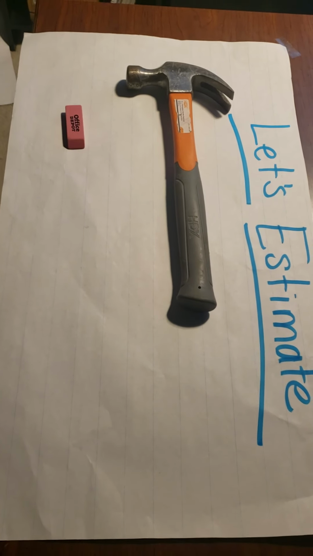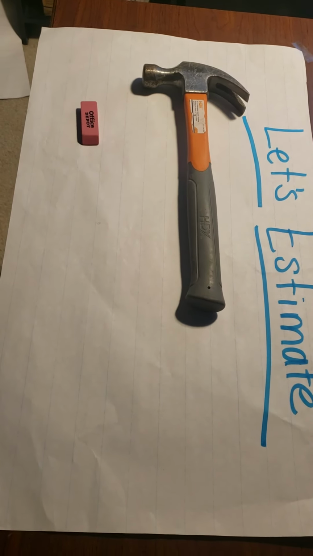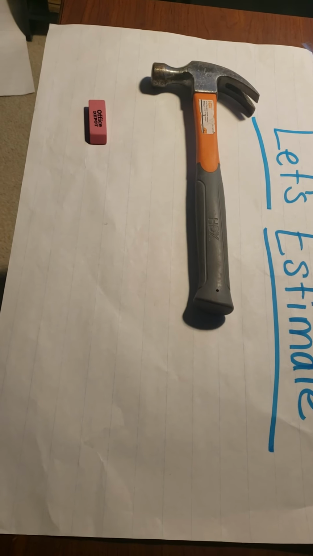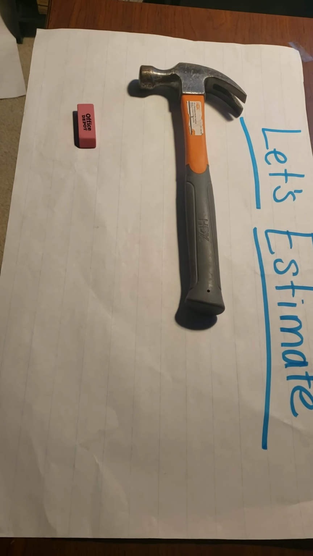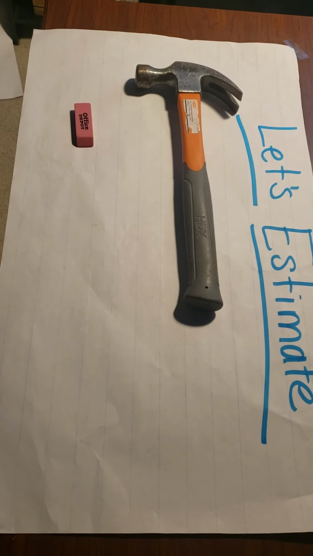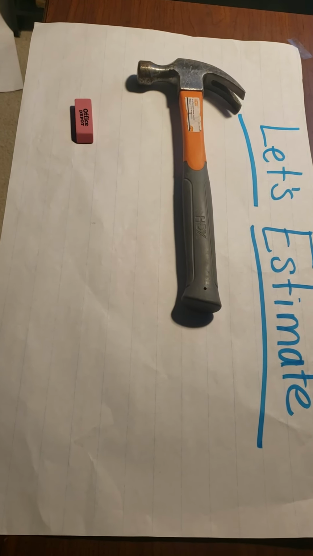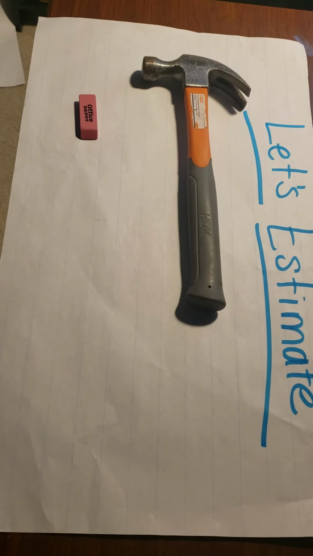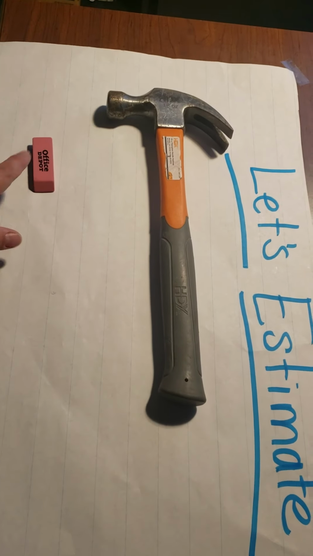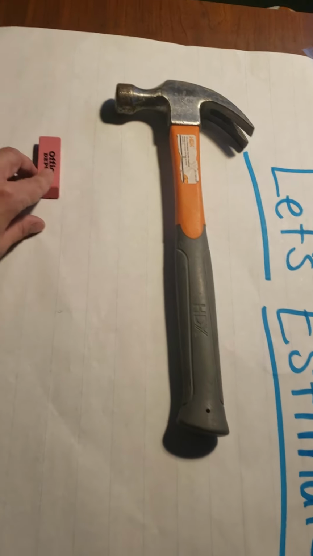So now, boys and girls, before we move on to metrics, I want to estimate. And remember, estimating just means making a good guess, an approximate guess. So now that you know about inches, feet, and yards, we're going to take a look at this eraser, and we are going to make a really good guess.